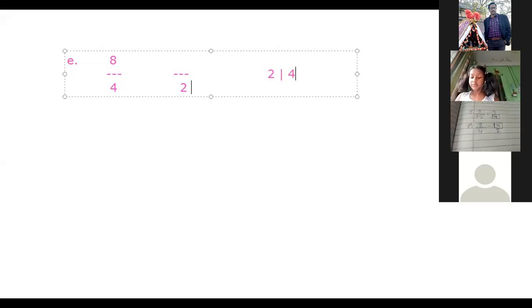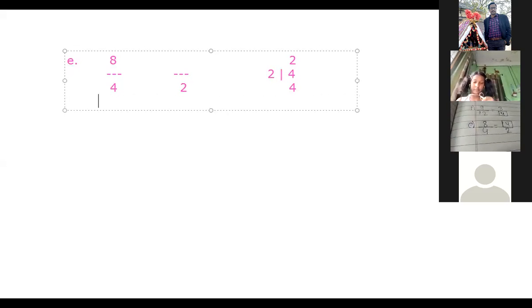So 2 4s, we will get 2 as a result, and the result is 4 here. And the value we got is 2. Now this is smaller, this is bigger. So again we have to do a simple thing, that is, here we have to divide with the 2.